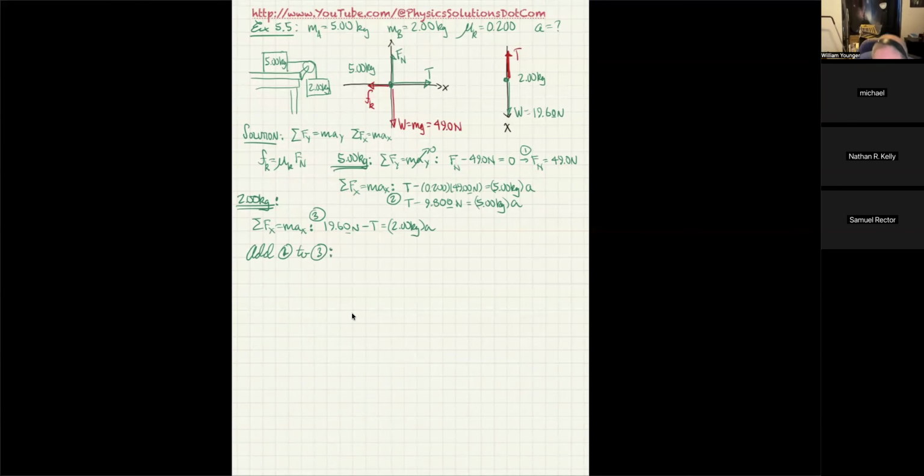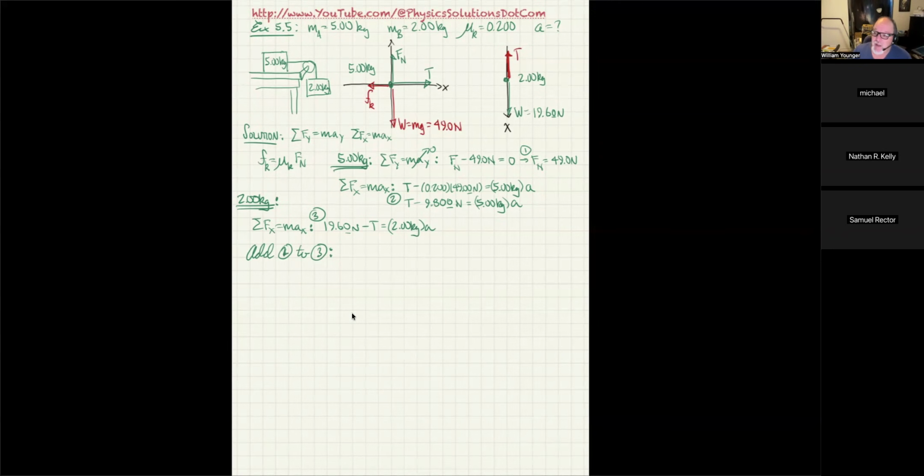So there's my verbal cue where I can look back in my notes and say, oh, okay, I added equation 2 and 3. So that reminds me, yes, I've used equation 2. Yes, I've used equation 3. If I saw that I had already put in the normal force in equation 2, for instance, then that would also convince me that I'd also used that fact.